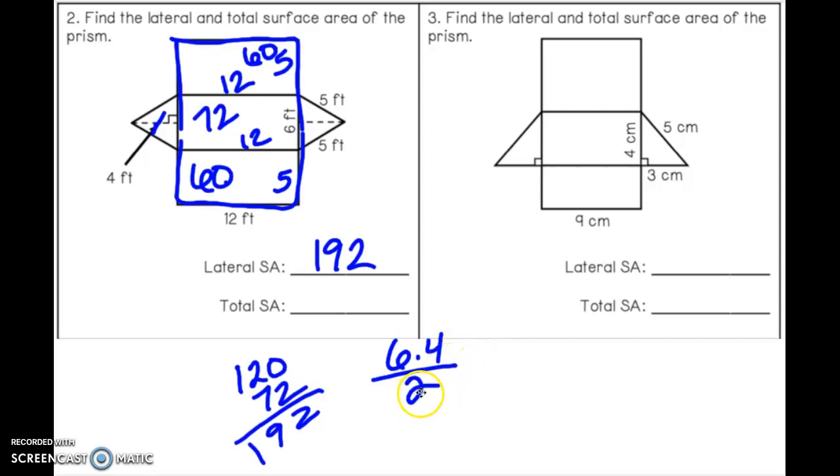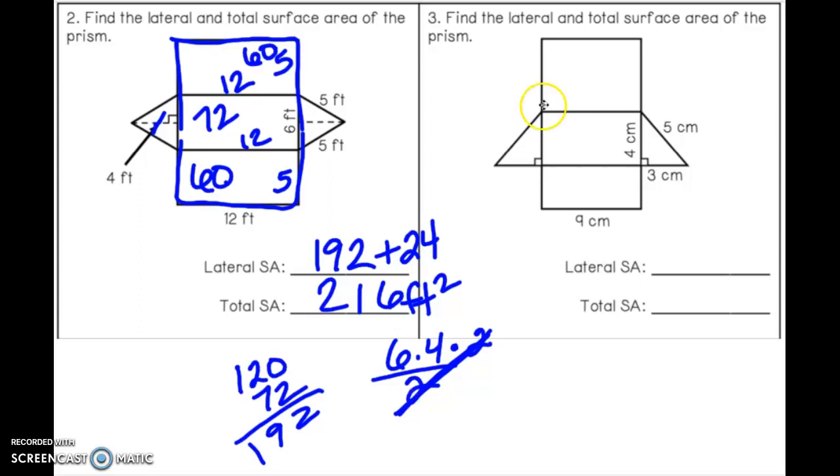So instead of cutting them in half and then timesing by 2 again, you can just cancel those out. And we're going to add 24 to that, which is 216 feet squared. So again, you can do it times 2 and then divide by 2, but you're going to end up right back where you started.